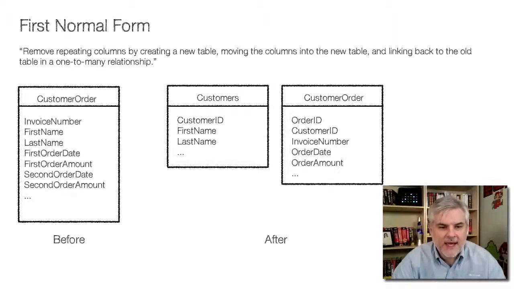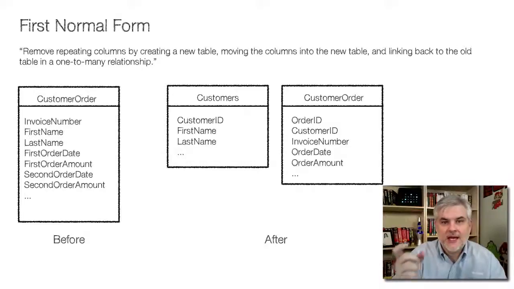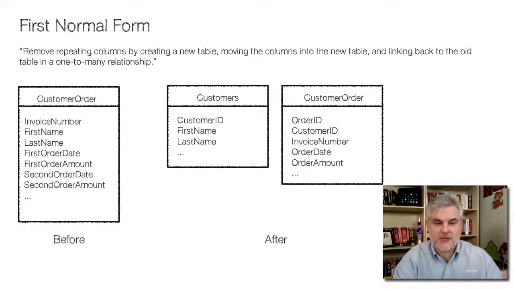You would take the columns that are repeating, like first order date, first order amount, and so on, and move those into another table, the order table, and then create a relationship back to the customer table in a one-to-many relationship. So one customer can have multiple orders in this example. The order has things like order date and order amount, and then also a customer ID that links back as a foreign key relationship to the primary key in the customer table.